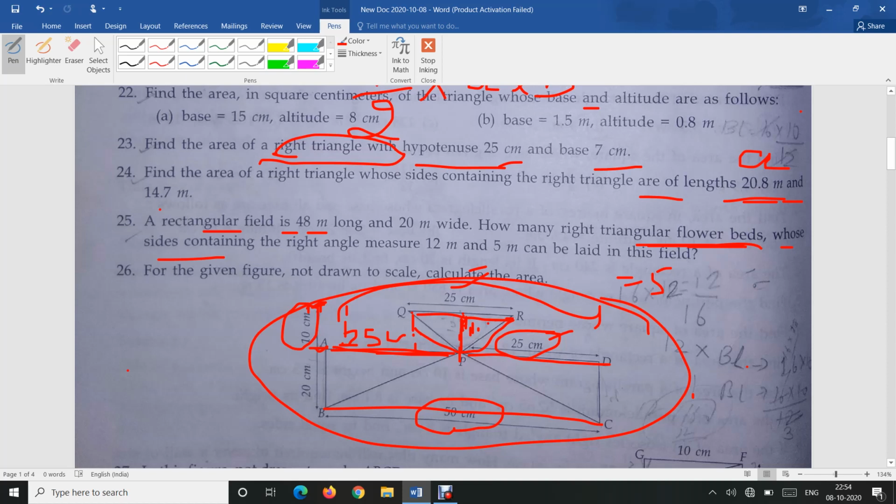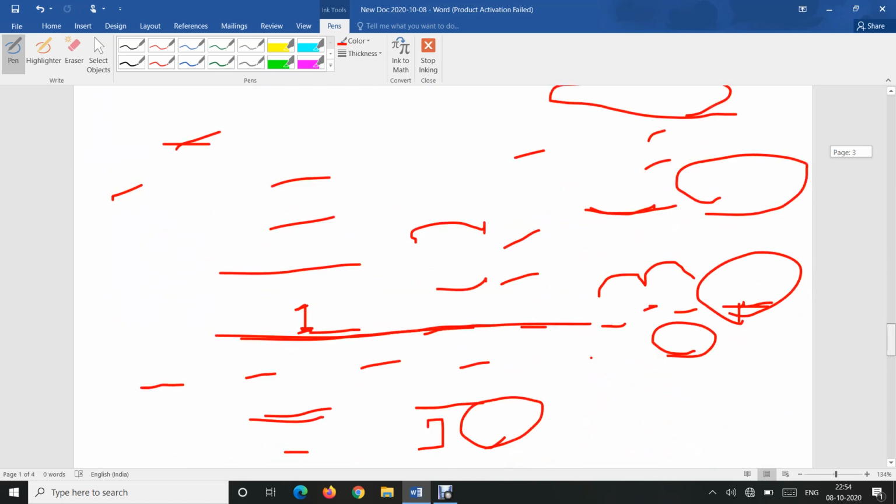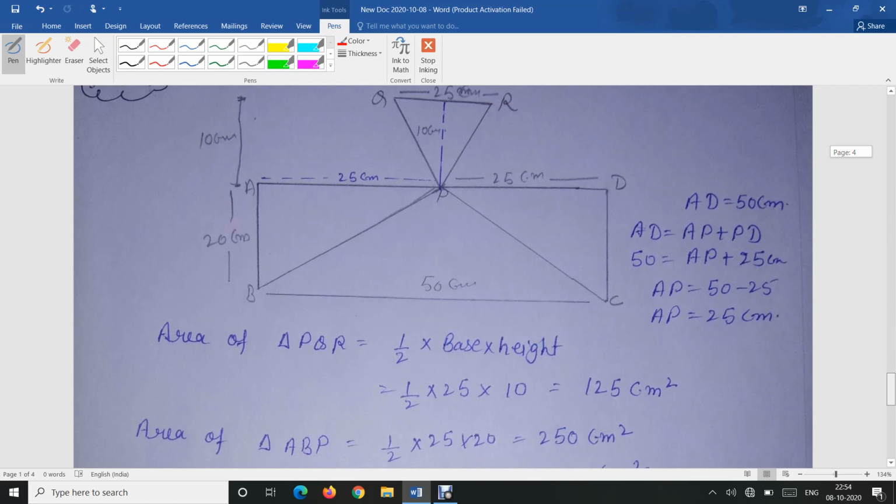So you can find out the area of triangle PQR, the area of right angle triangle ABP, and the area of right angle triangle CDP. After that you can add all these three areas and find out the total area of the figure.